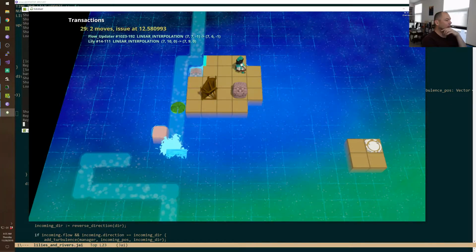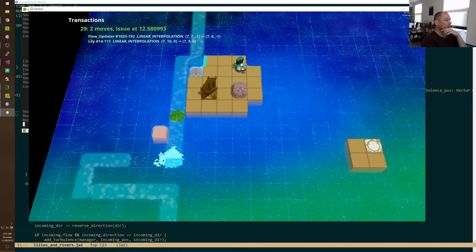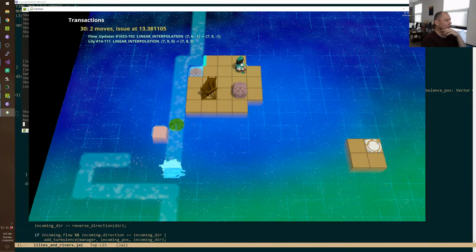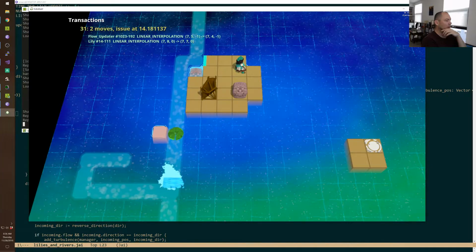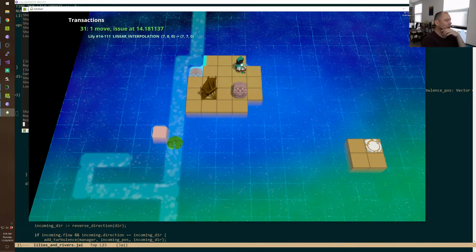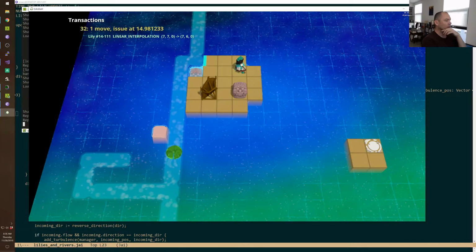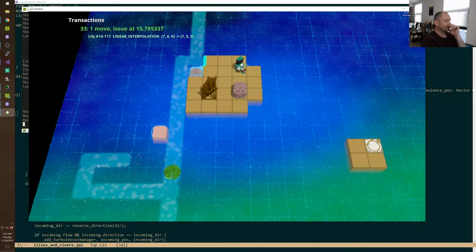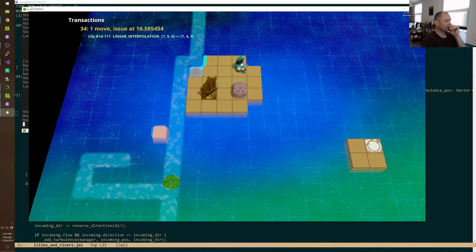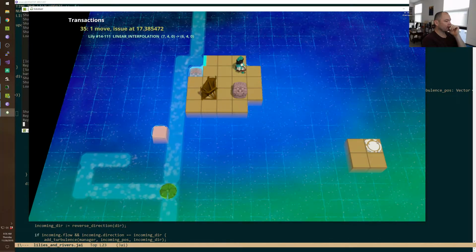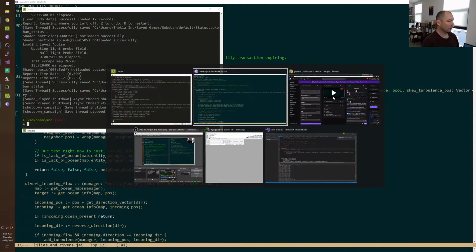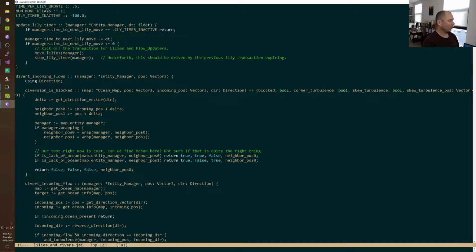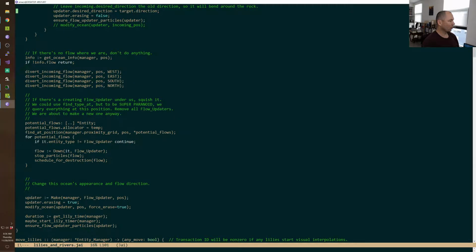Question is, why is it not in the transaction for two squares? It is a mystery. So we could just debug what happens, but let's take a look first.